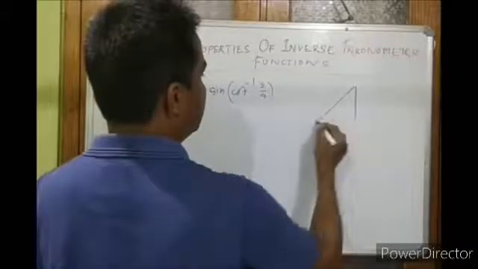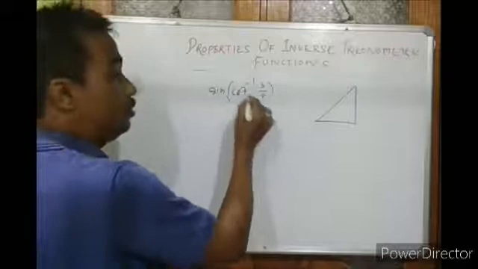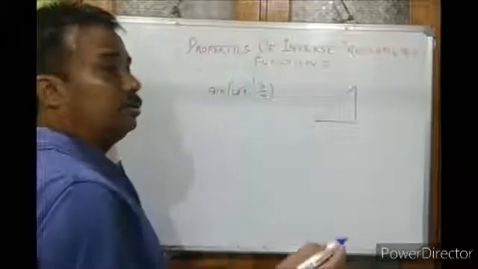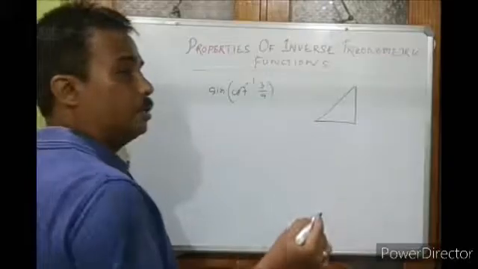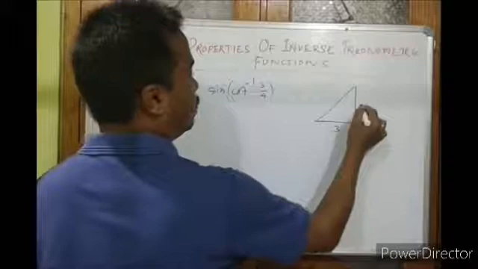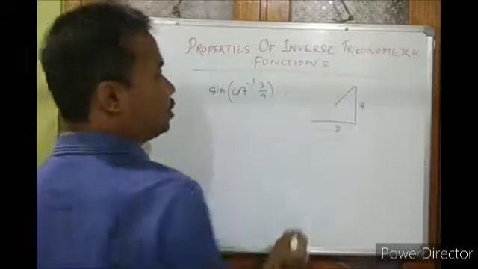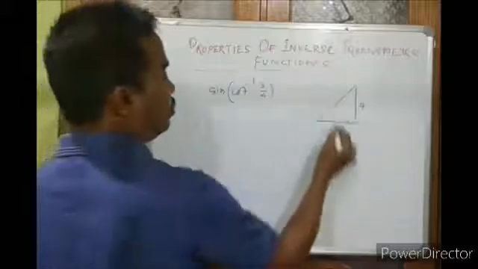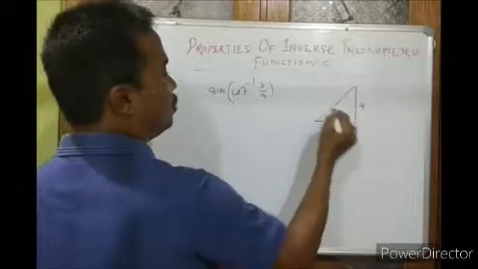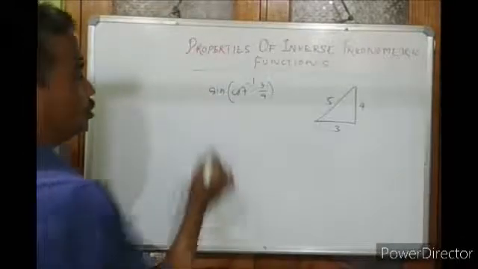Cot theta is equal to base by perpendicular, so the base is 3 and the perpendicular is 4. The hypotenuse will become square root of 3 square plus 4 square, 9 plus 16, 25, so the hypotenuse is 5.